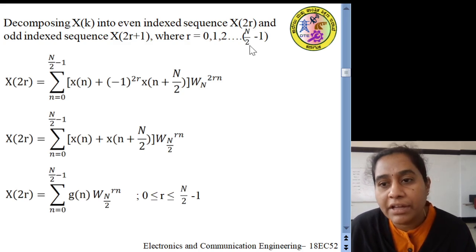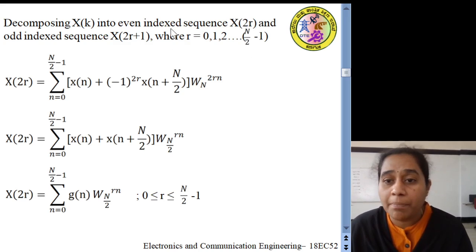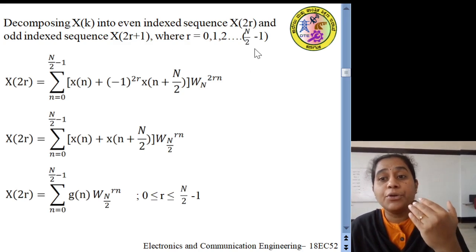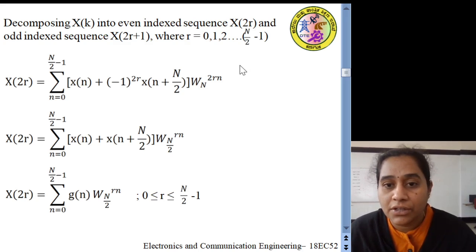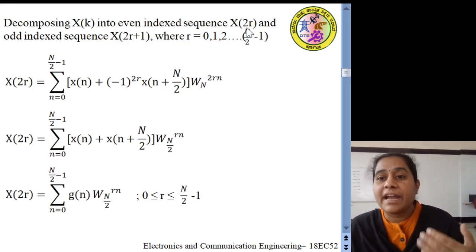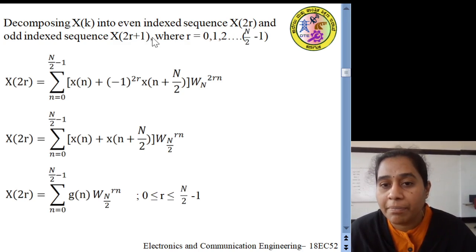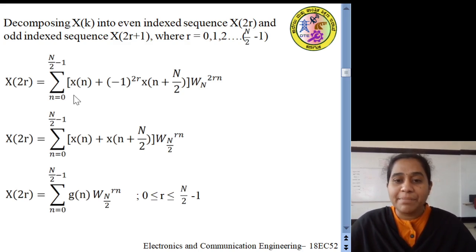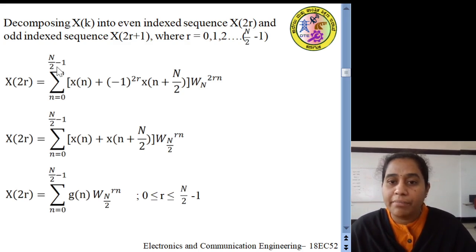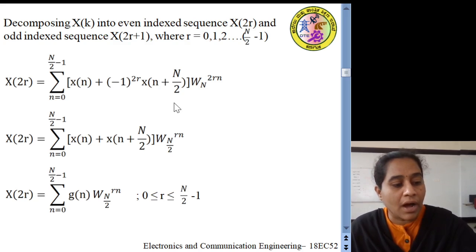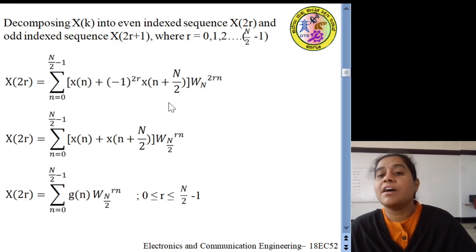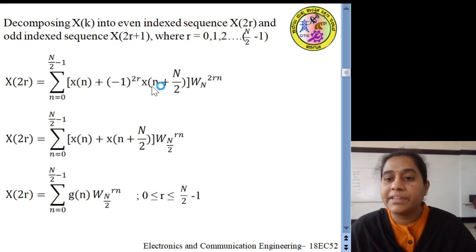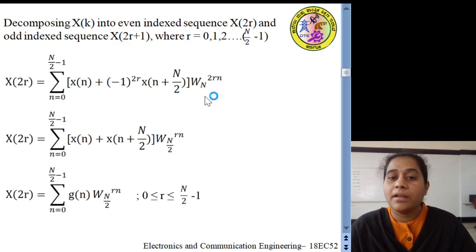So both x of 2r as well as x of 2r plus 1 have N by 2 samples. If we write x of 2r, we obtain x of 2r is equal to summation n varying from 0 to N by 2 minus 1, x of n plus minus 1 raised to the power of 2r into x of n plus N by 2, whole thing multiplied by WN raised to the power of 2rn.